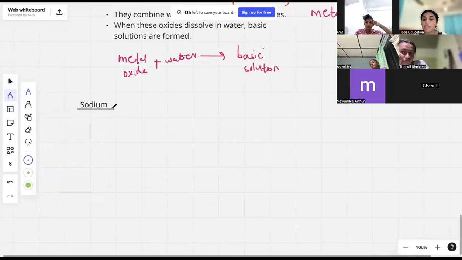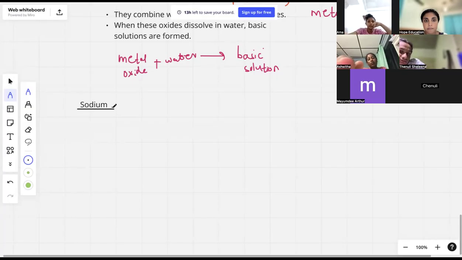Let me ask, Lamai, to which group does sodium belong? To which group in the periodic table? First group. Okay, Mayumdi says first group. Ashwita? Second group. Amma?